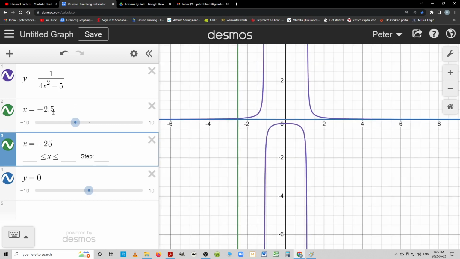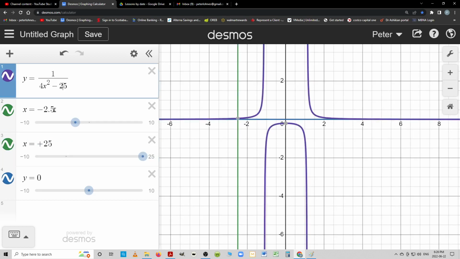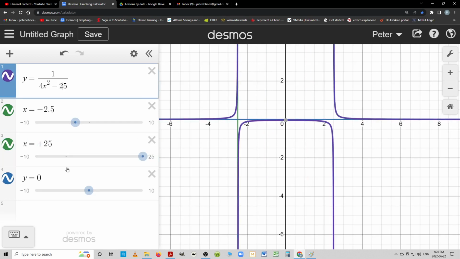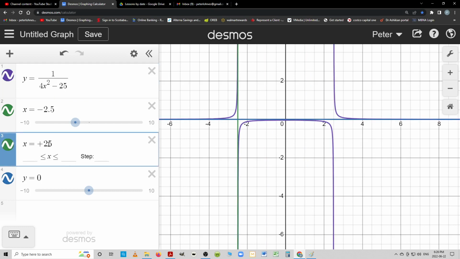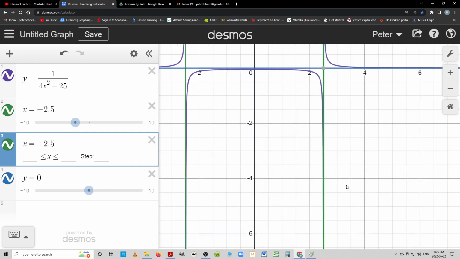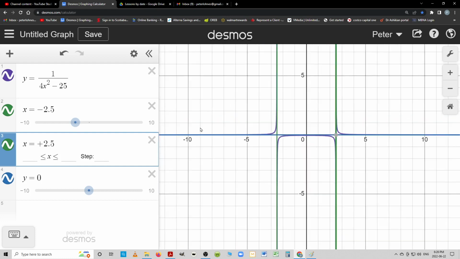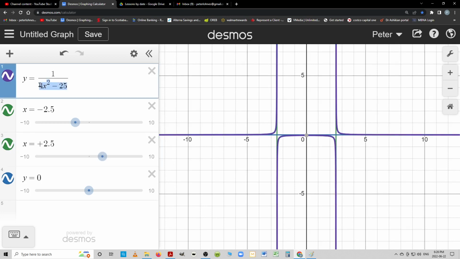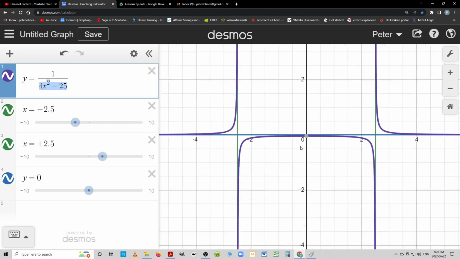I might have gotten something wrong. 4x, oh, it's 25. I did get that wrong. And let's turn this on. Why isn't that turning on? Oh, 2.5. And sure enough, I got the asymptotes correct. And I kept it in the original format just to show you.